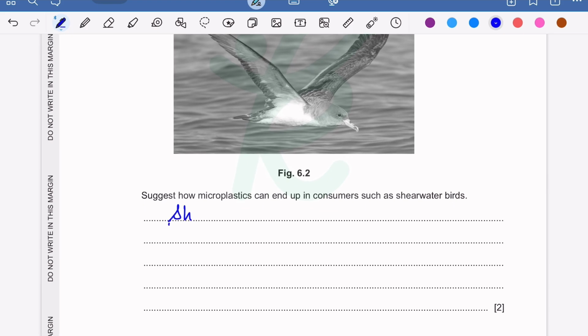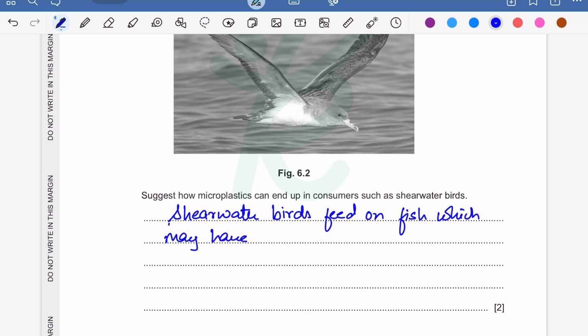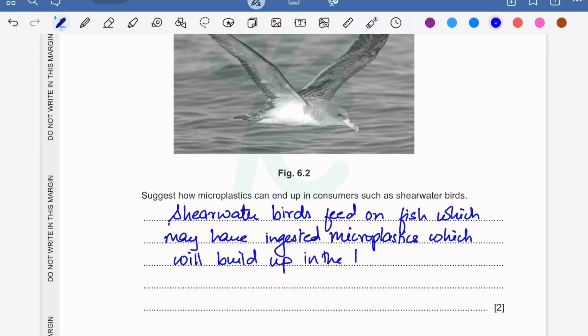So we can say that shearwater birds feed on fish which may have ingested microplastics, which will build up in the body of the shearwater bird, called bioaccumulation.